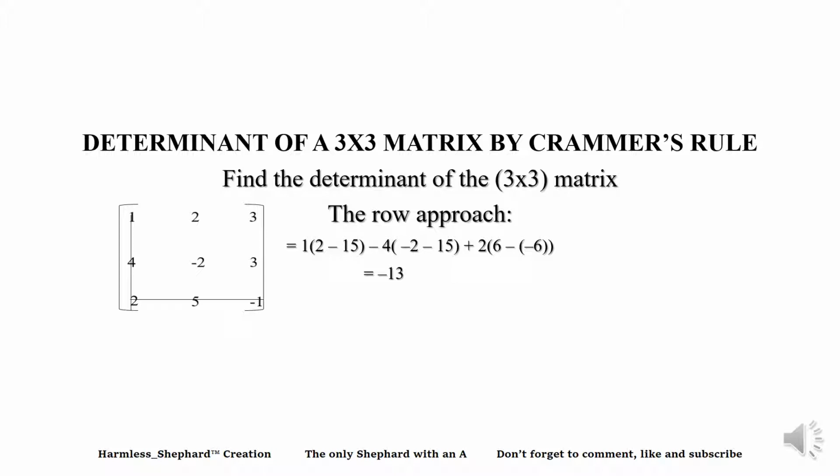So we'll resolve the brackets. The first bracket will give us -13. The second bracket will give us 68, and the third bracket will give us 24. And if we sum them up, we have 79.